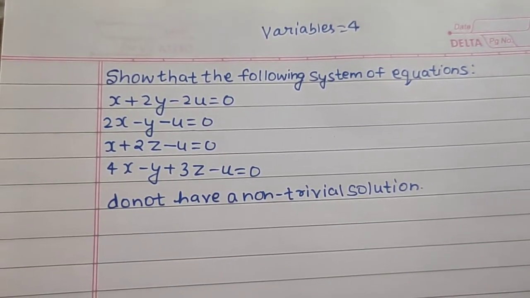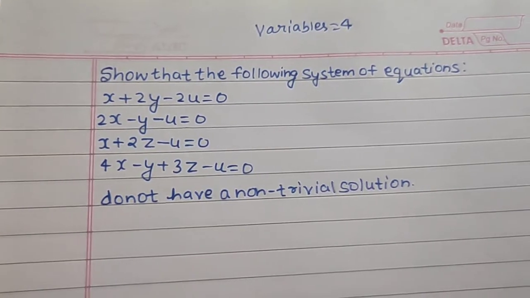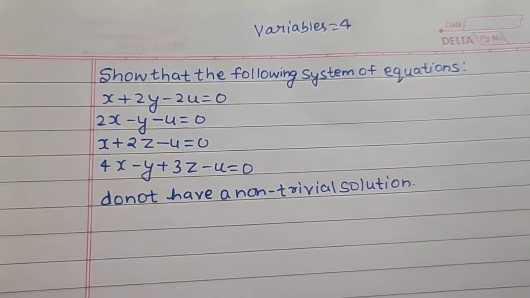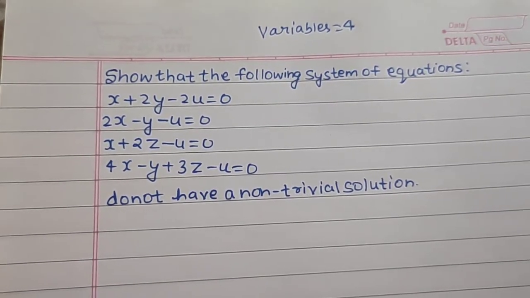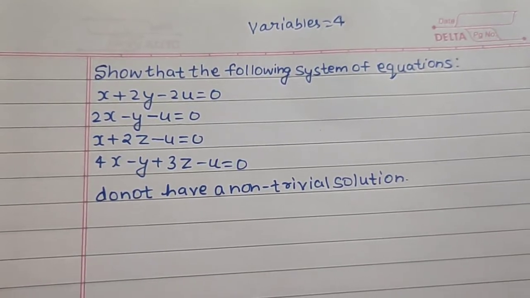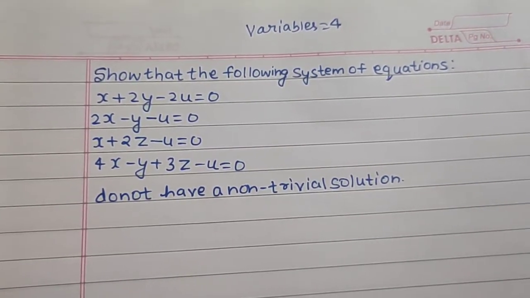It also means that it is a representation of unique. So trivial goes for unique and non-trivial for infinite number of solutions. Okay, so for non-trivial we have rank lesser than the number of variables.